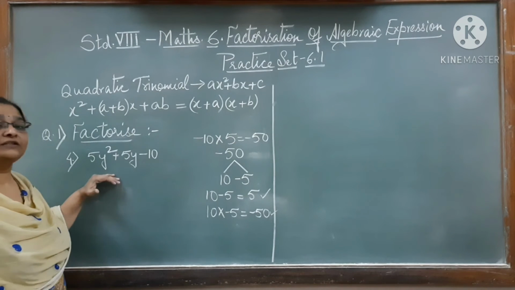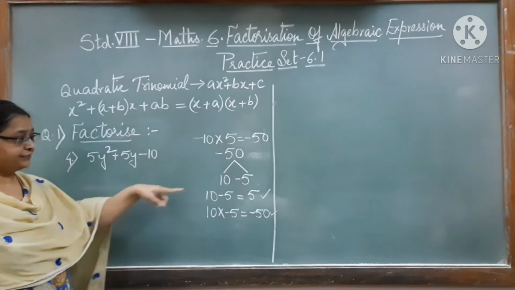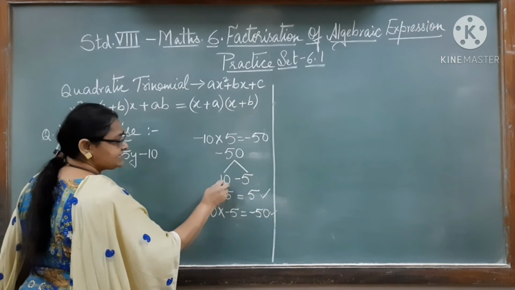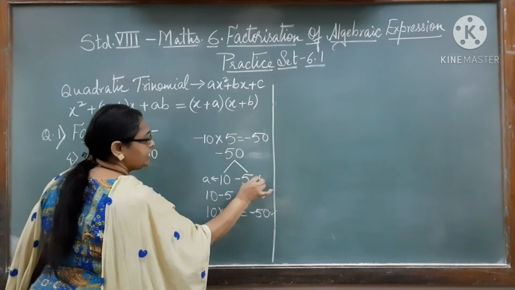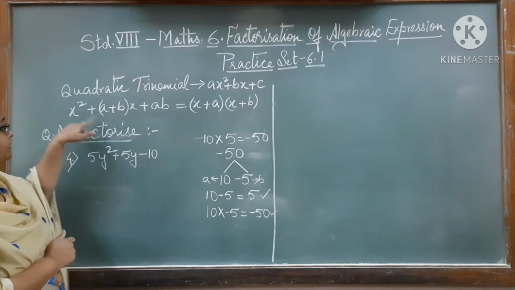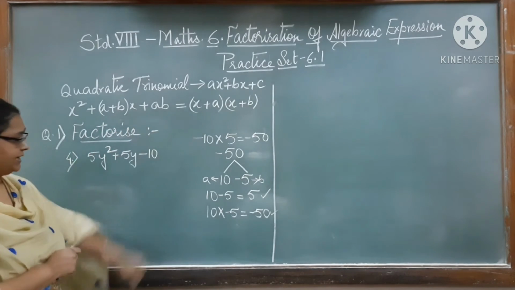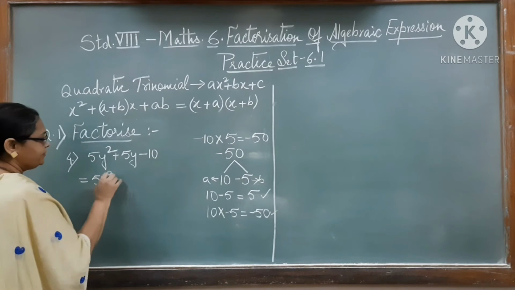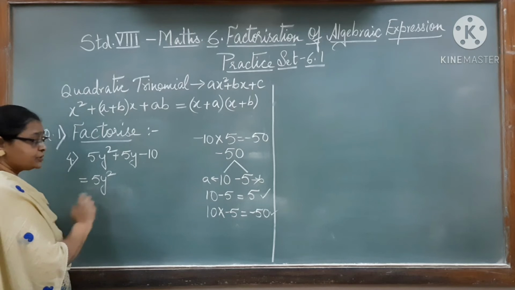So let us factorize 5y square plus 5y minus 10 using those two factors. I am going to take this as A and this as B. Now let us write this trinomial in this form, x square plus (a plus b) into x plus ab. That is equal to 5y square, and now the middle term is to be split using those factors.